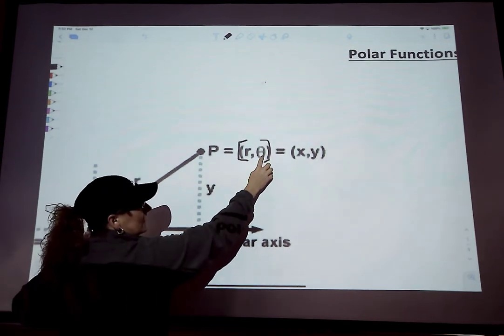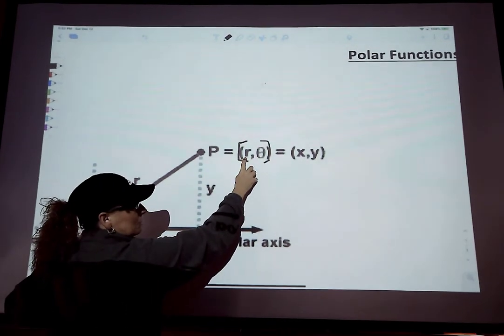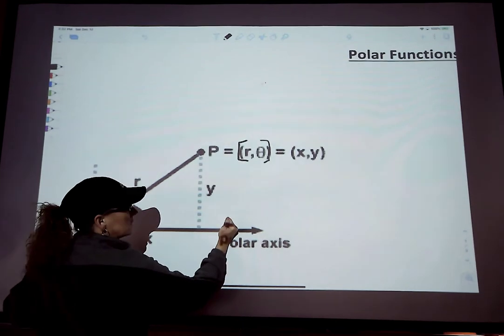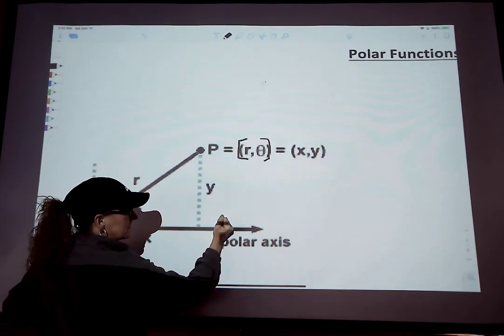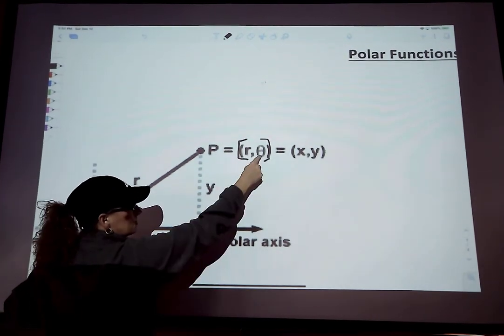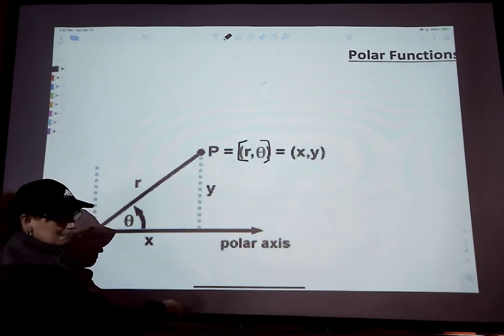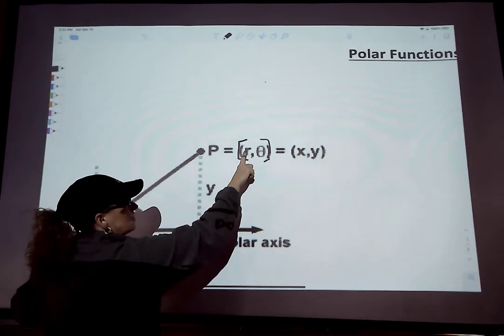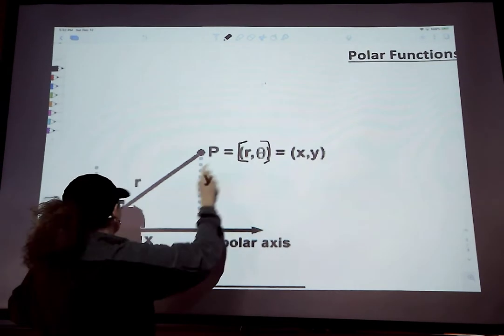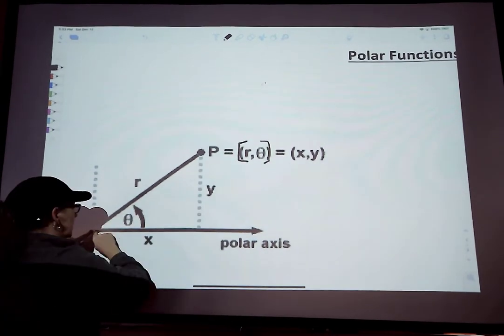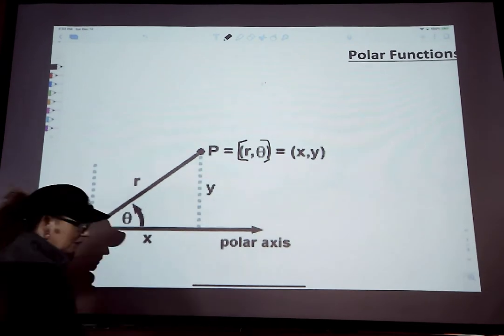Our angle could be negative, and our radius could be positive, which means let's move outward a positive length, and then move in the negative direction to get to our point. So both examples use a positive r: positive angle, positive r, and negative angle.